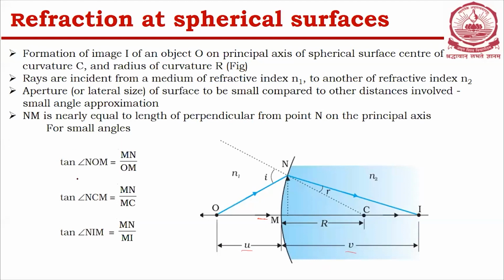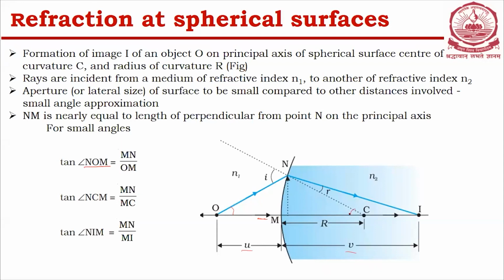Now coming to tan of angle NOM. This angle is mentioned here. Because the angle is small, tan theta becomes theta. So it is the opposite side MN divided by OM. Similarly, tan of NCM should be MN divided by MC.